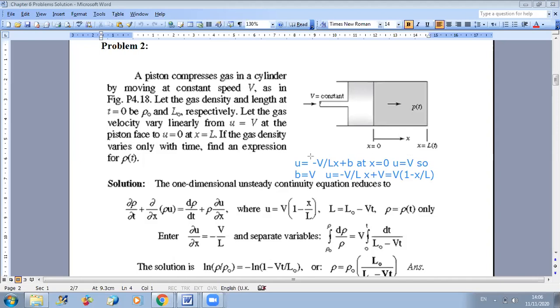It's a, the coefficient of x, which is minus v over L. So here you can replace del u by del x by minus v over L, because if you derive this relation with respect to x, you get minus v over L. So now, replacing in your equation, you obtain that del rho by del t, or we can write d rho by dt, because rho is only a function of time, d rho by dt is equal to minus a rho times del u by del x.